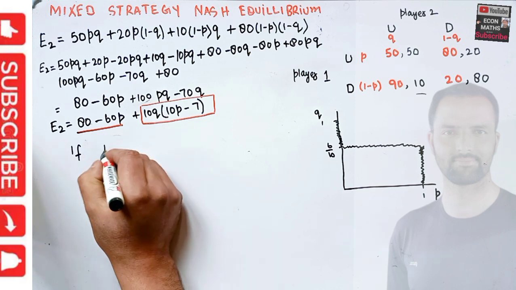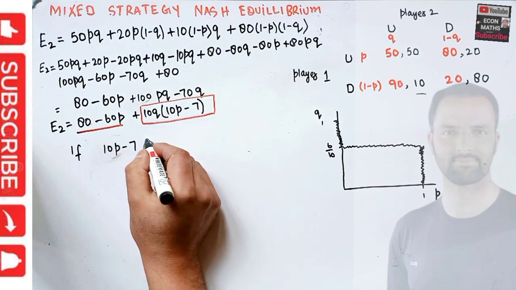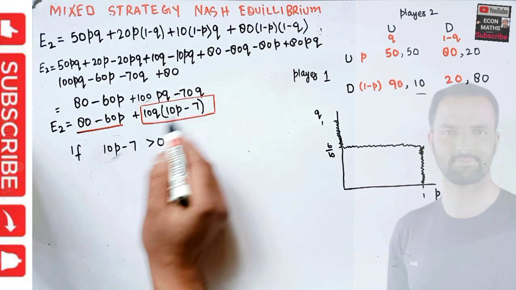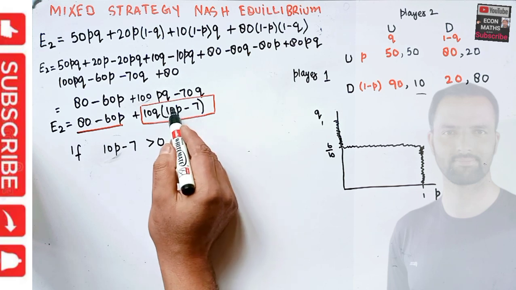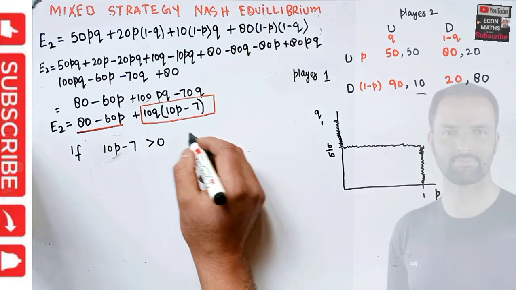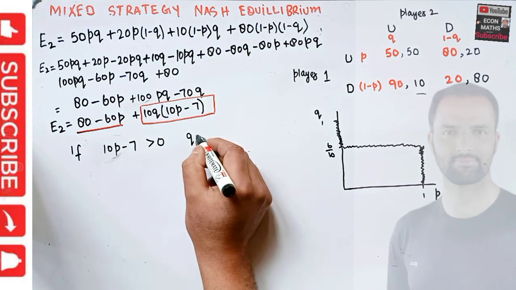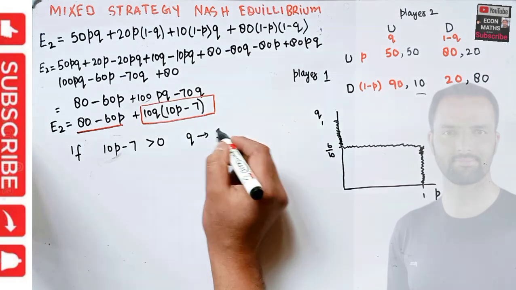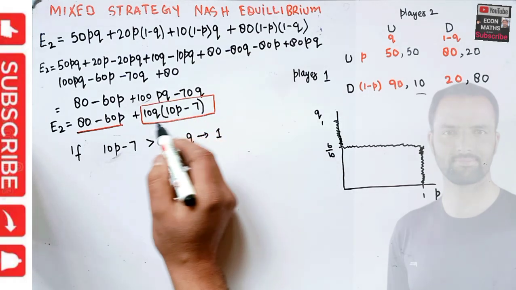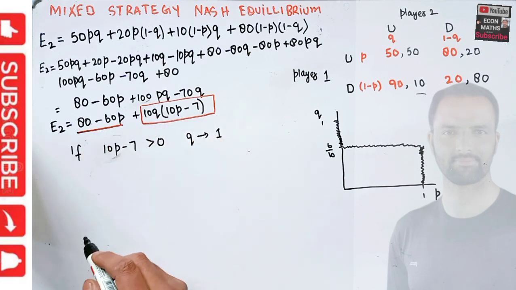So if 10P minus 7 comes out to be positive, obviously the payoff will increase. Then player 2 will play Q with probability 1. Because if this comes out to be positive, we have 10 into this positive number, that means his utility will increase.